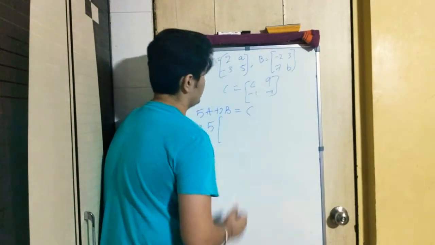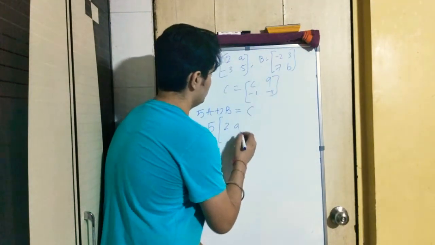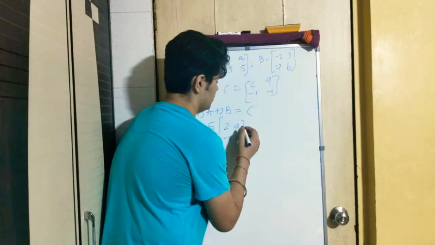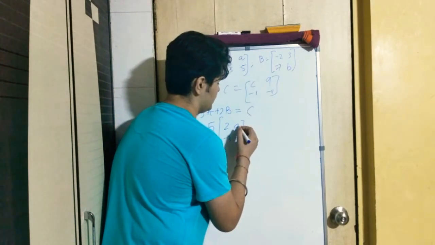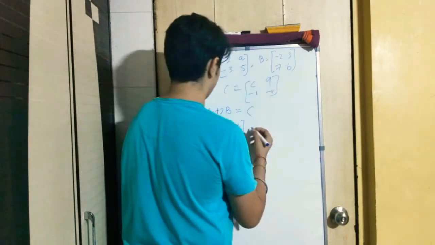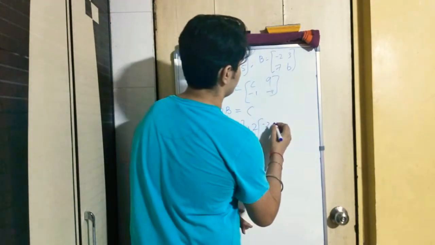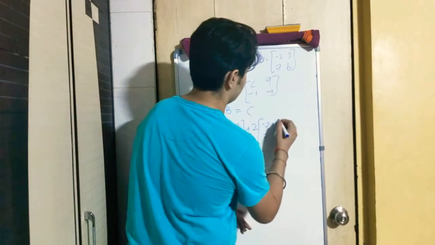So 5 into a, 2a minus 3, 5. Again telling, this is a, not 9, otherwise you will understand it as 9, plus 2b, minus 2, 3, 7b.